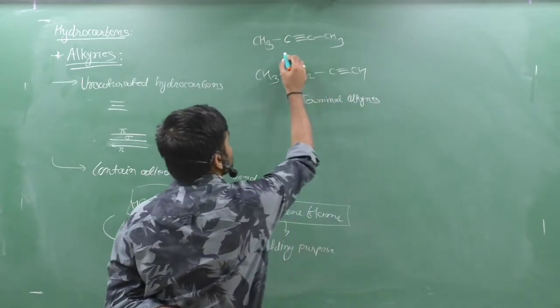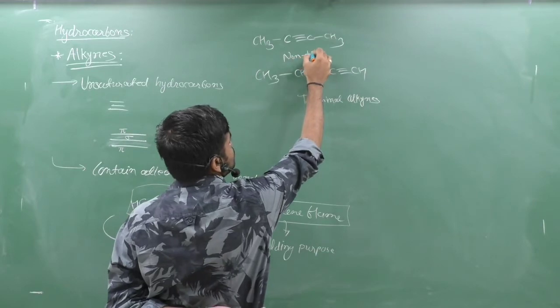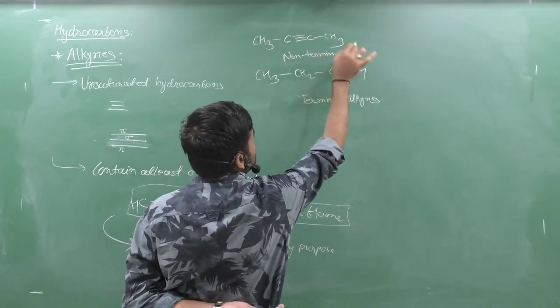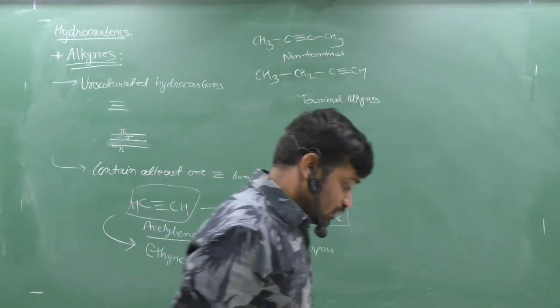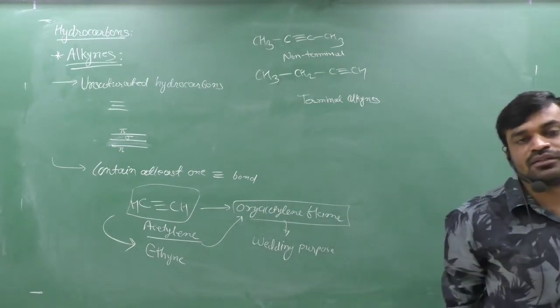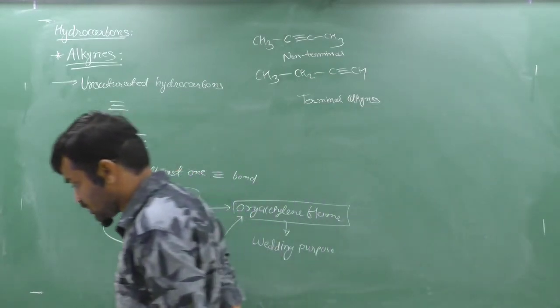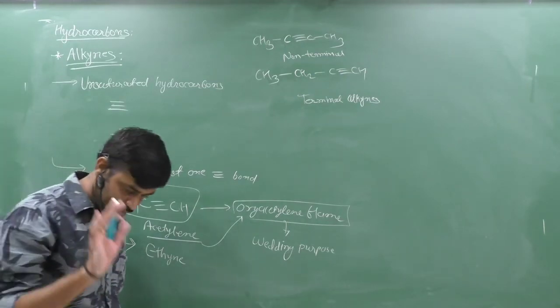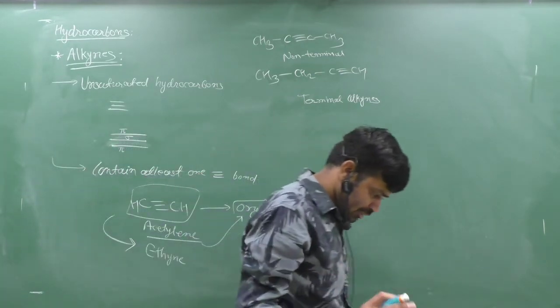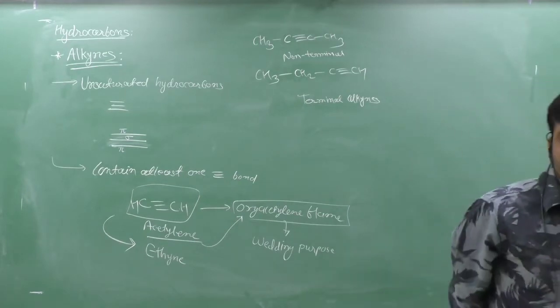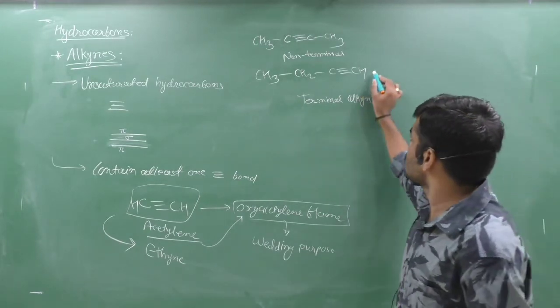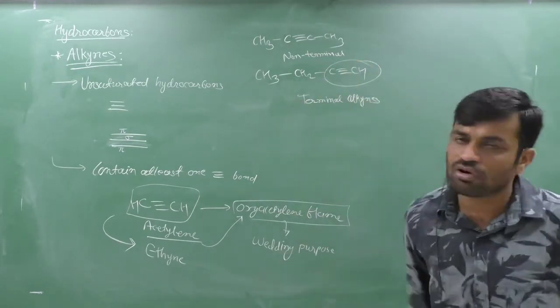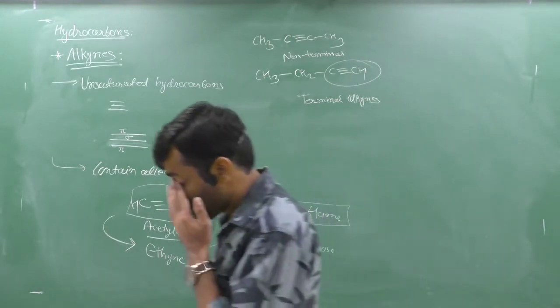Otherwise it is a non-terminal alkyne. Generally, terminal alkynes are acidic, which we will discuss in the chemical properties, but you can remember that alkynes are of two types: terminal alkynes and non-terminal alkynes. Terminal alkynes means the triple bond is present at the end, on either the right side or the left side.